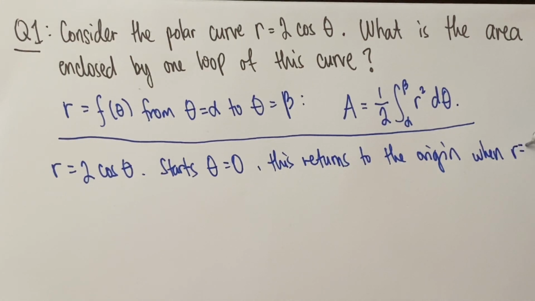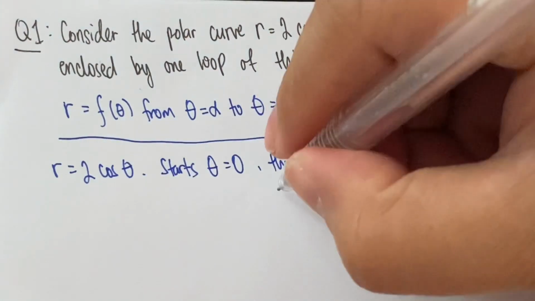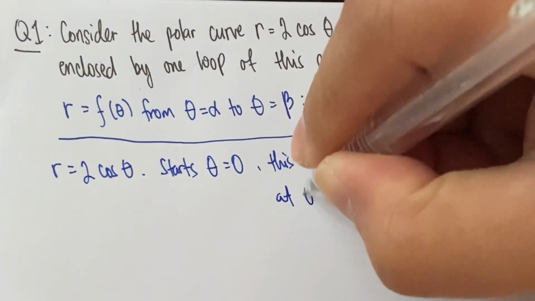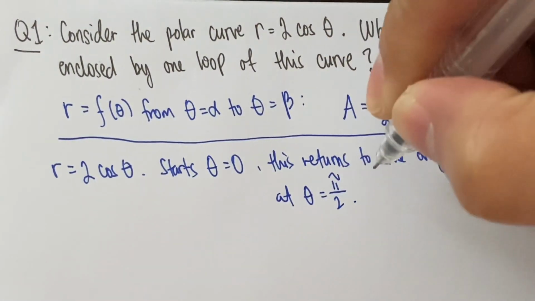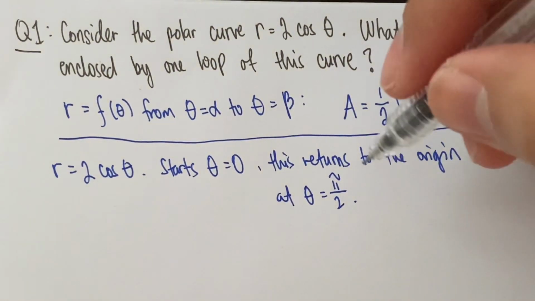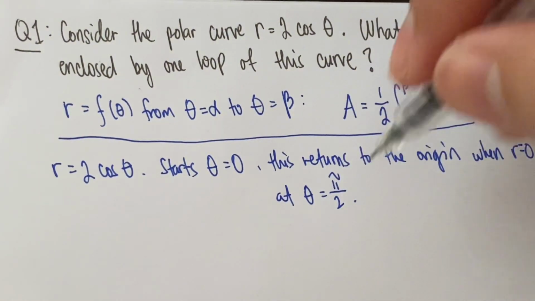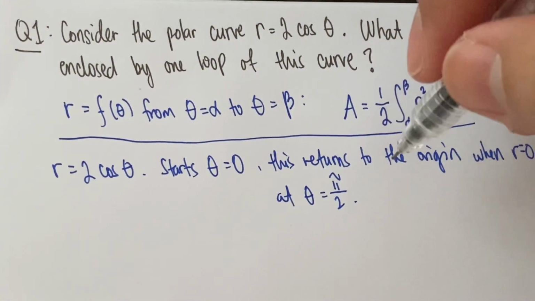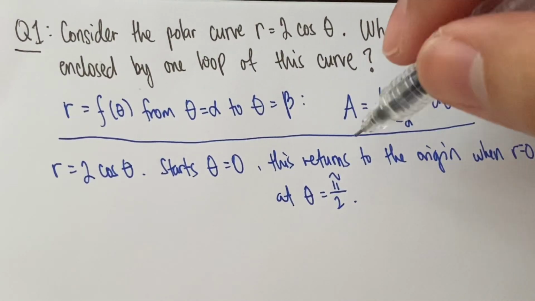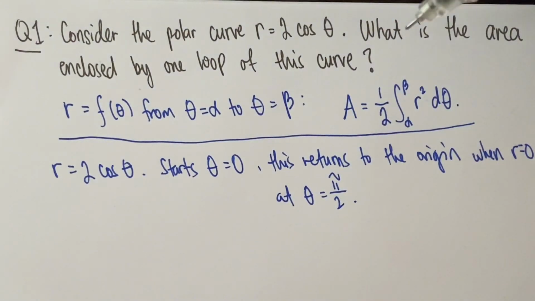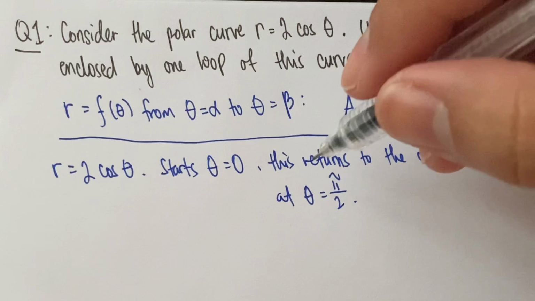This happens at theta equals pi over 2. However, we will not go only until pi over 2. We need to consider from 0 to pi, because we want a full loop here.